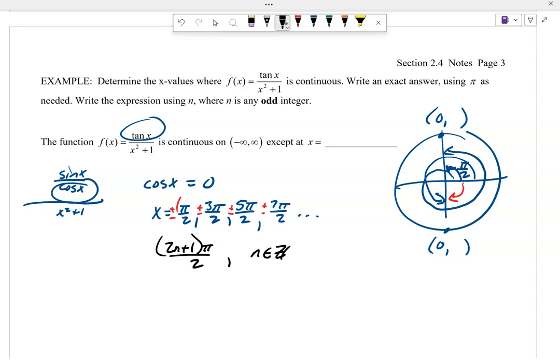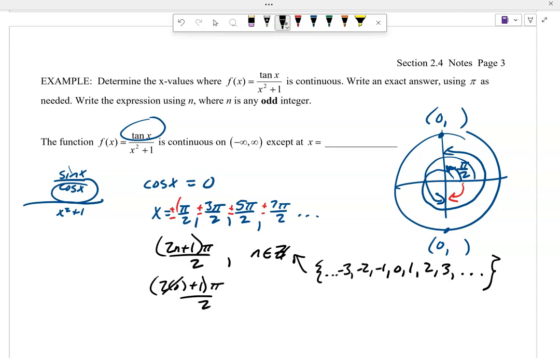My integers, of course, are... let's test that. For example, if n is 0, I'd have 2 times 0 plus 1 pi over 2. See how I get 1 pi over 2?